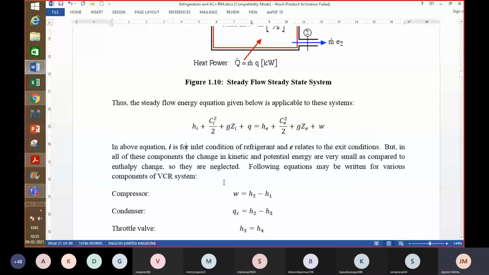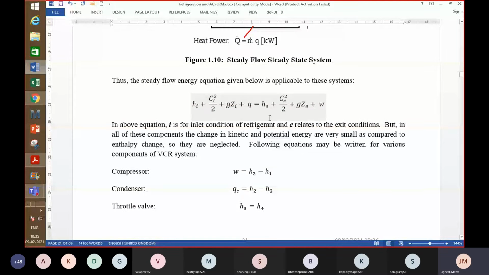So this equation applied to the compressor. These equations are already derived in thermodynamics, but because we are going to use them, let us repeat those things. So in case of the compressor, the kinetic energy and potential energy changes are negligible, right?